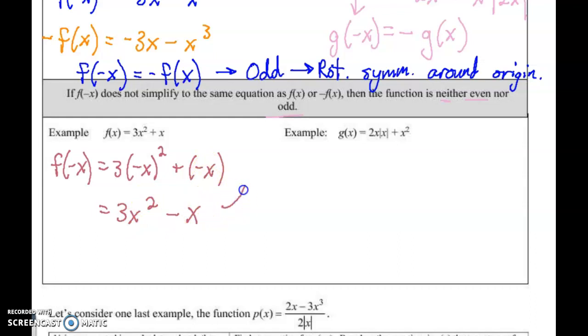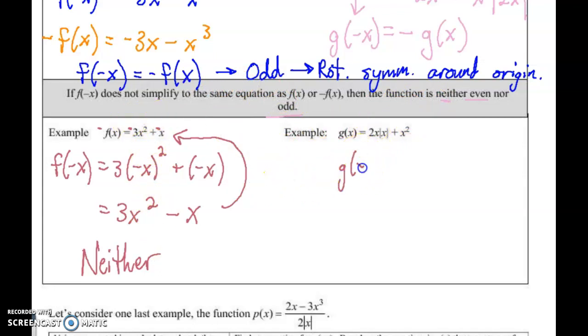So as you compare this to the original, well, it's definitely not the same, so it's not even. And if you were to distribute a negative in there, well, that's not the same, so it's not odd. So it's not even, it's not odd, then it is neither. Now, it might have some sort of symmetry, but it's nothing special. So f of x is neither in this problem.